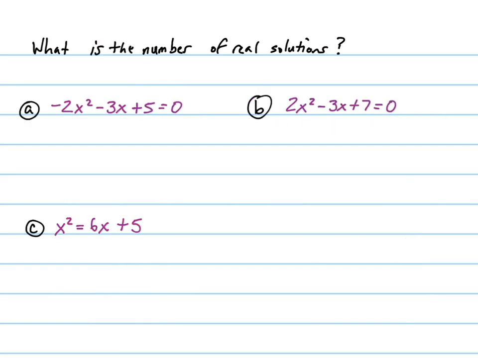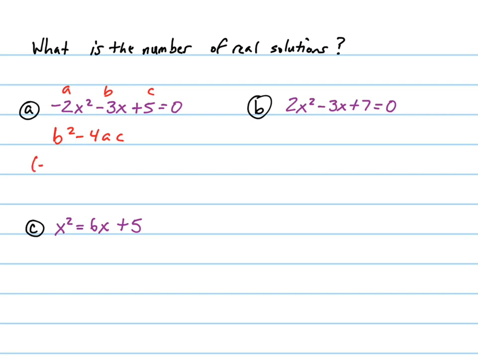Here we have 3 different examples. We'll do them all together. So A, B, C. And so we're going to plug this into the discriminant. So remember, the discriminant, b squared minus 4ac, and we're going to see what it equals.